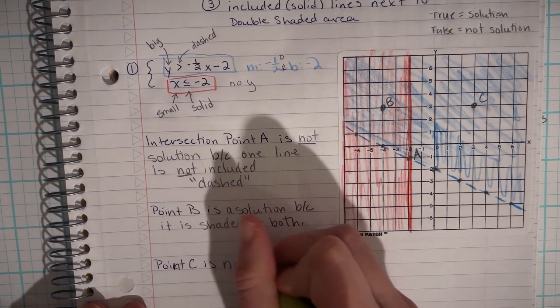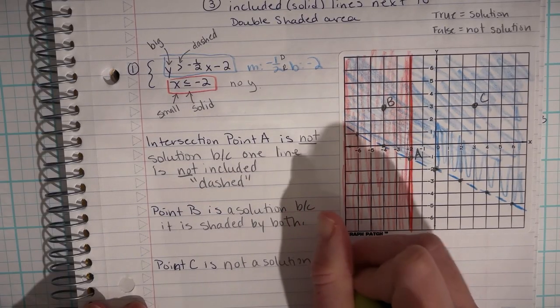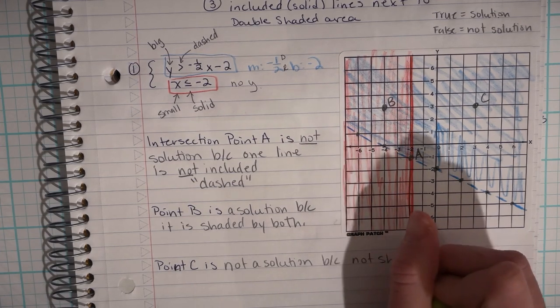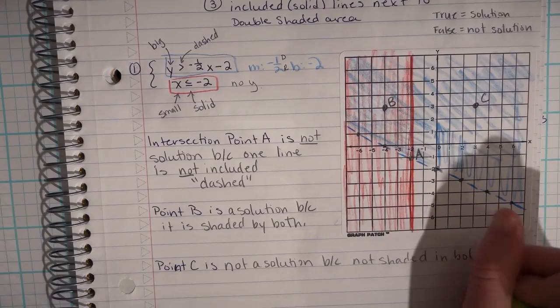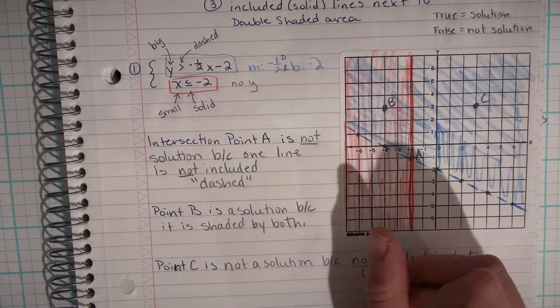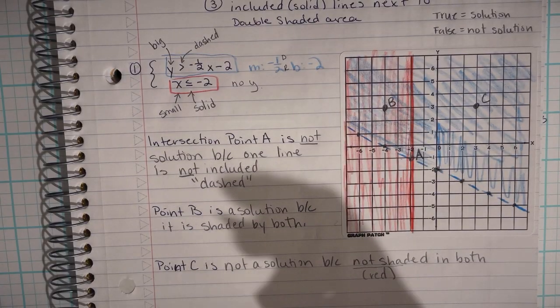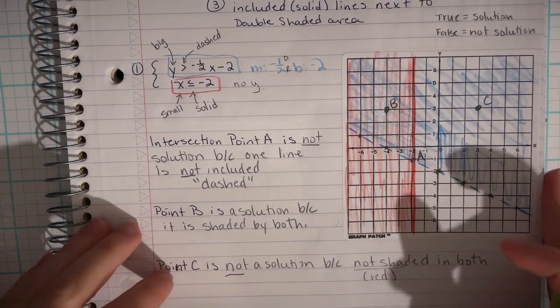So that means it's not a solution because it's not shaded in both. Okay, it's not shaded in both, right? It's not shaded in that red area. Okay, so it's not gonna work. That's why it's not a solution. If it doesn't work for both, it doesn't work at all.